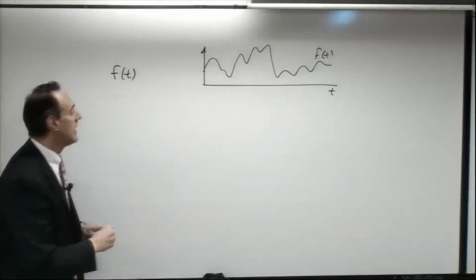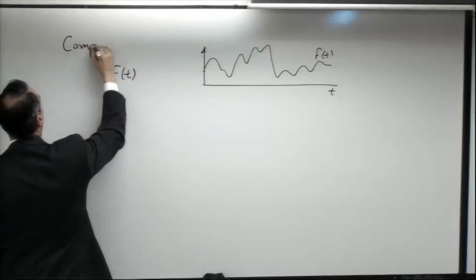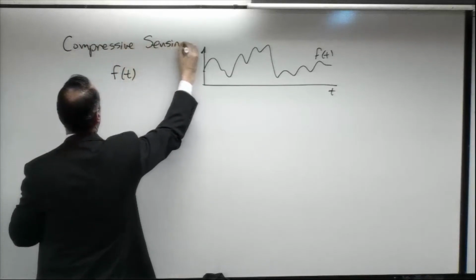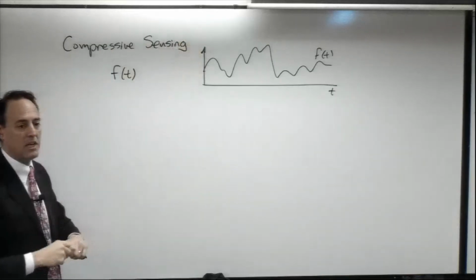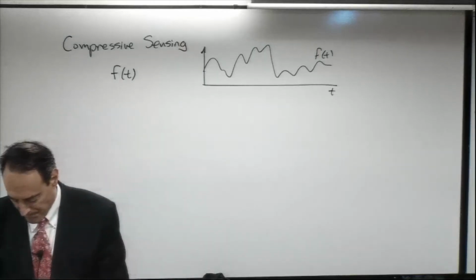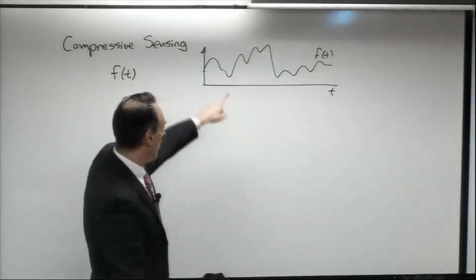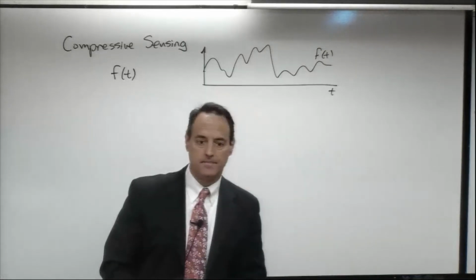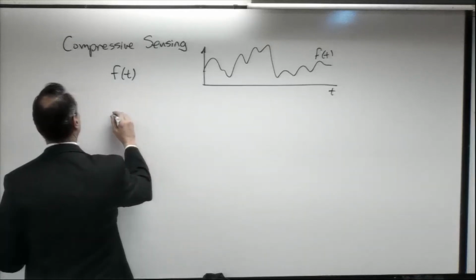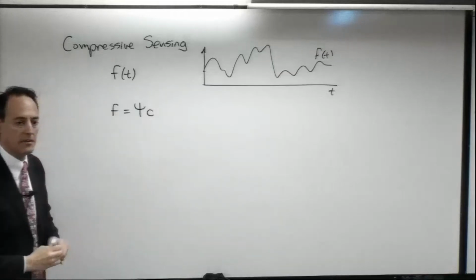So the whole idea of compressive sensing, and this is what we're going to go after today, is going to be making use of this idea of compression. So here's the idea. There exists a basis where I can take that signal and compress it. An abstract way to represent that is F, the vector, equals phi c.